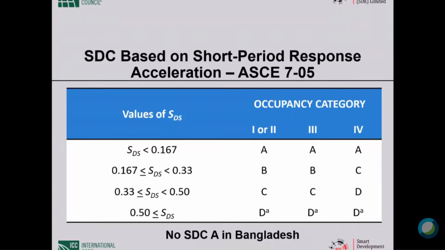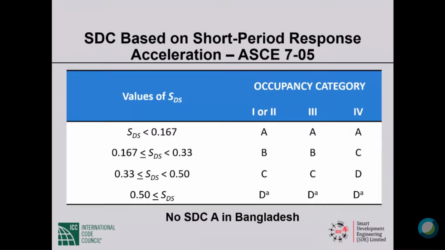In ASCE 7-05, the seismic design category is determined first based on short period ground motion. In this table, it's a function of S sub DS. You see that the seismic design category depends on the occupancy of the structure and soil modified short period ground motion. The seismic hazard is here, the soil is also here.